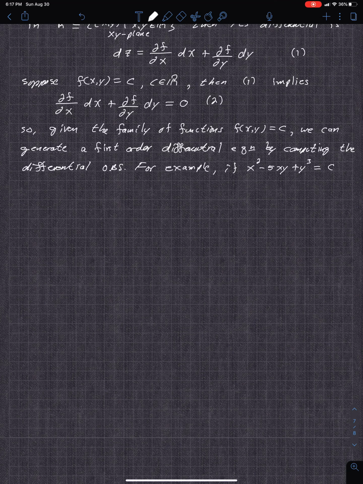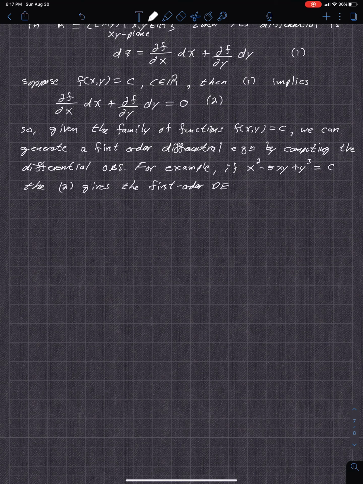Then equation 2 gives the first order differential equation.